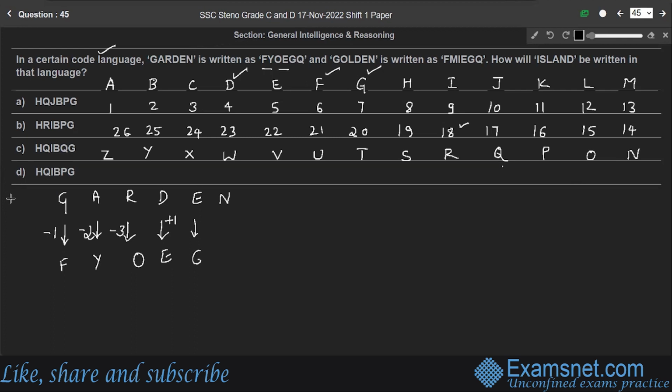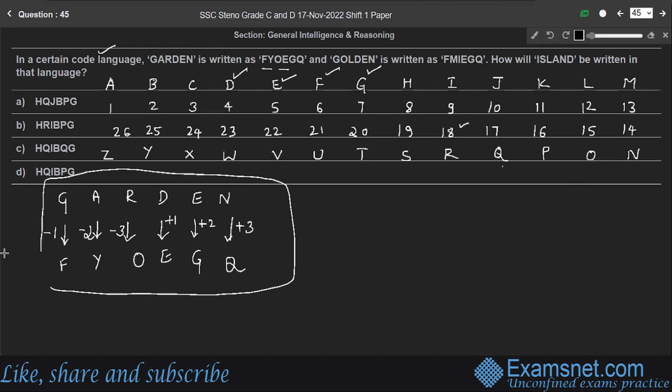And E is coded as G. E is 5, G is 7. I can write E plus 2 as G. And N is coded as Q. N is 14, so Q is 17. 14 plus 3 is 17. So the logic behind this is first 3 letters minus 1, 2 and 3 respectively gives their codes, and last 3 letters plus 1, 2 and 3 respectively gives their respective codes, right?